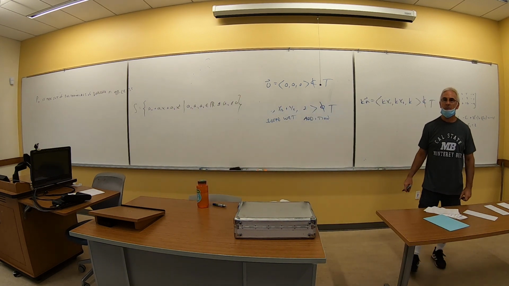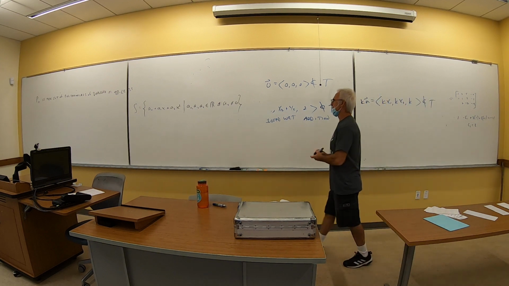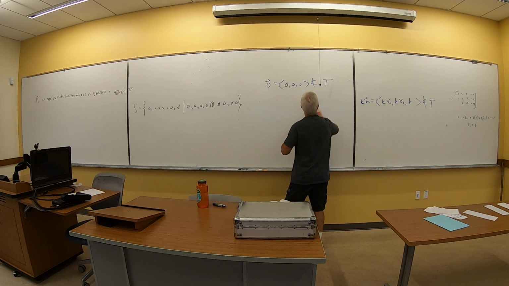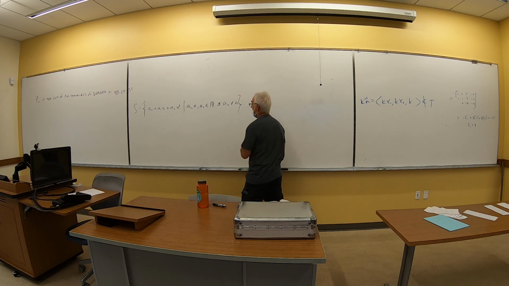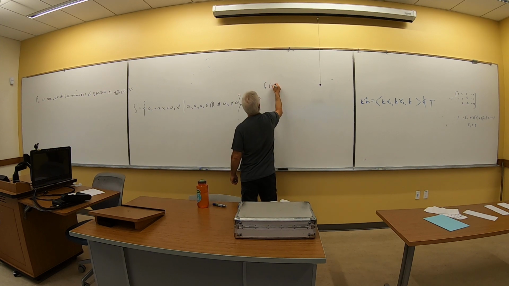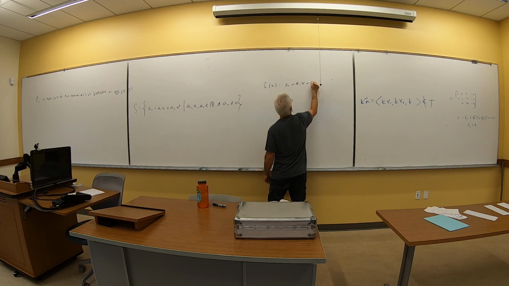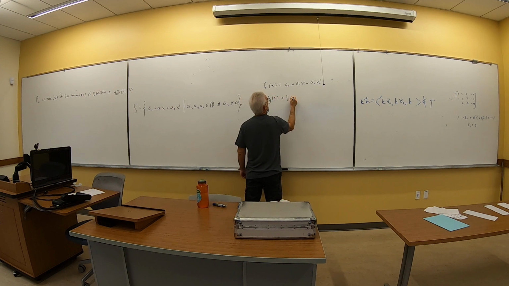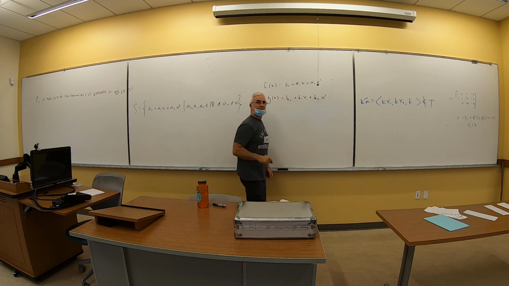I'd like to know if this is a vector space. Well, let's take two polynomials in the set. All right, let's call f of x a0 plus a1x plus a2x squared, and let's call g of x b0 plus b1x plus b2x squared. How's that?